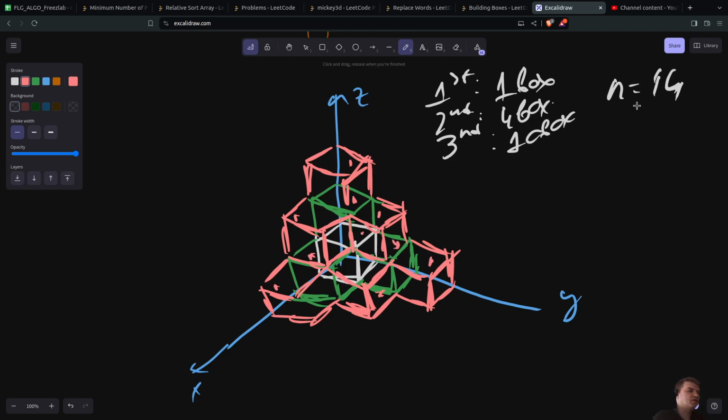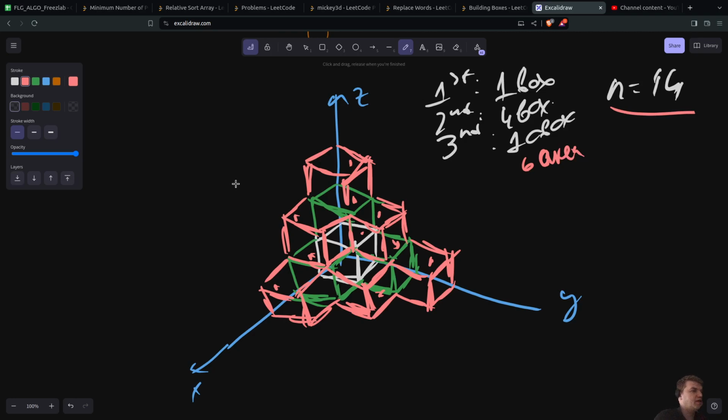So we have 10 boxes, but we need to add more. We need to add 4 more boxes and calculate the area. When we add 10 boxes, the area is going to be 1, 2, 3, 4, 5, 6. Area now is 6, but we need to add 4 more boxes.